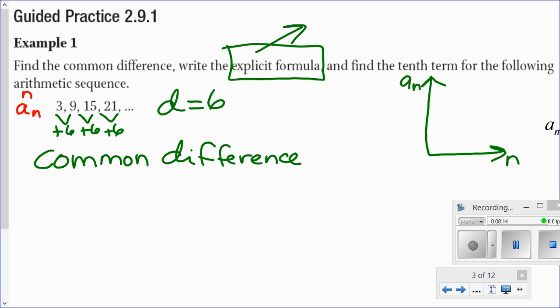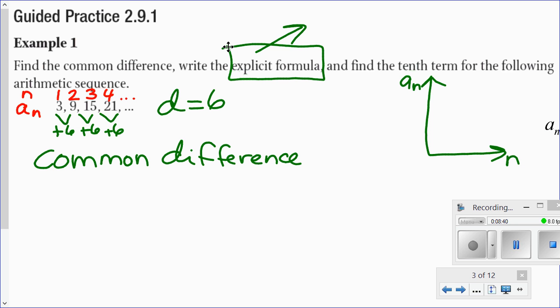And when we talk about the n value, that's the position that it has in the sequence. So 3 is our first number, right? 9 is our second number. So when we talk about n, we're talking about where is it in the sequence. Not what is the number, where is it?